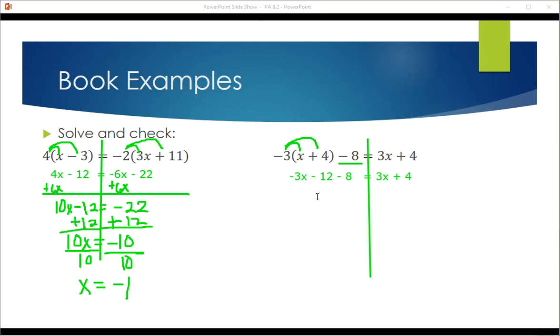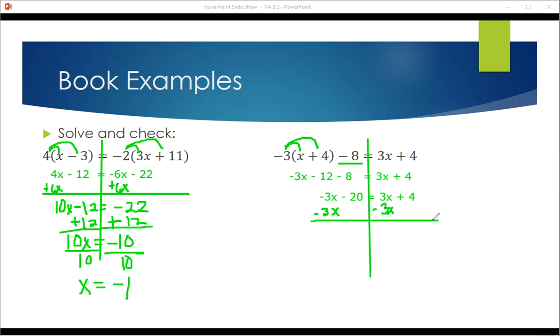Then I want to combine my like terms here. So I have negative 3x. Negative 12 minus 8 is going to give me negative 20. It's going to equal 3x plus 4. Now I can move stuff back and forth. So I'm going to subtract 3x from each side.